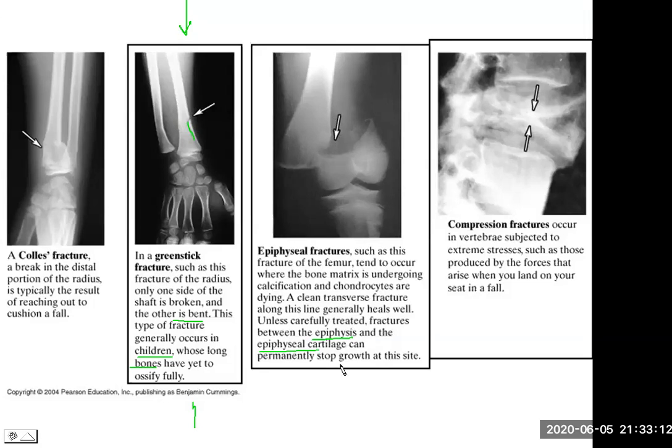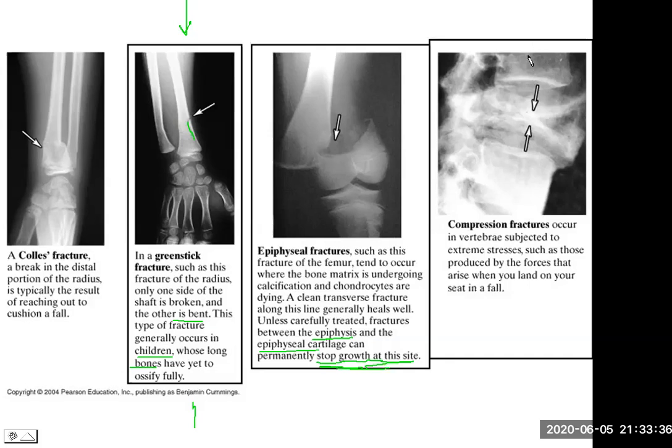If not treated properly, that person could lose the potential for any further lengthening. So if this occurred, imagine, say, in a 9-year-old, and it's not properly treated, that limb, that appendage, may be stunted in its growth, in its length.